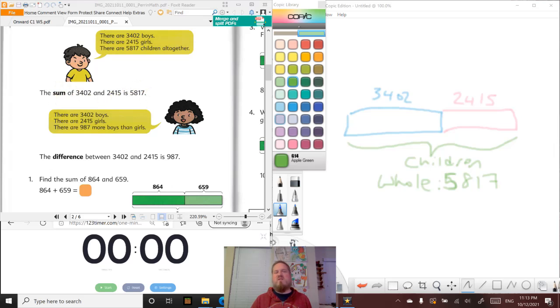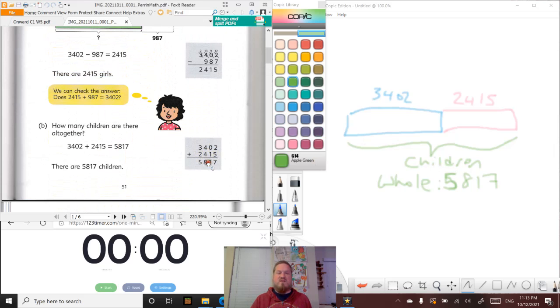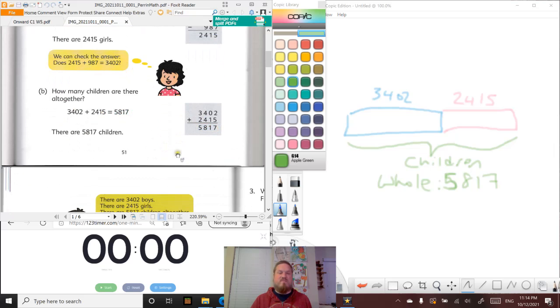The sum is how much you get when you add two or more things together. It's the result that you get at the bottom of your problem. So here's one number you're adding, here's another number you're adding. 5,817 is the sum. Here's one number you're adding, here's another number you're adding. 5,817 is the sum.